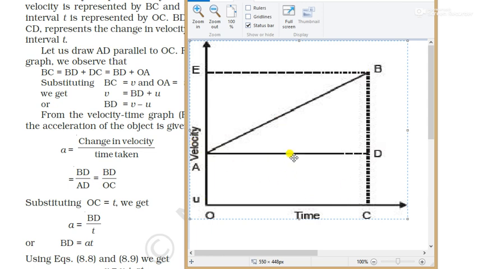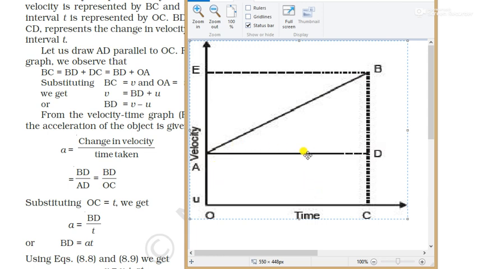Here again we are going to find this area, but this time we are not obtaining it by summing up the area of triangle and area of rectangle.